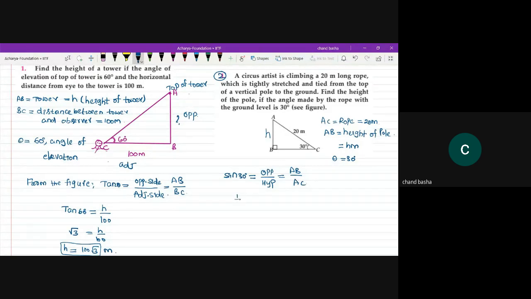Sine 30 degrees is 1 divided by 2, equal to H upon 20. So H is equal to 20 divided by 2, which implies that H is equal to 10 meters. Hope the second question is also clear.